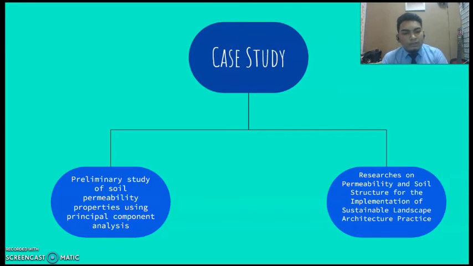The second case study is researchers on permeability and soil structure for the implementation of sustainable landscape architecture practice, which is conducted by lecturers, research assistants, and students from University of Agriculture Science and Veterinary Medicine in Cluj-Napoca, Romania.